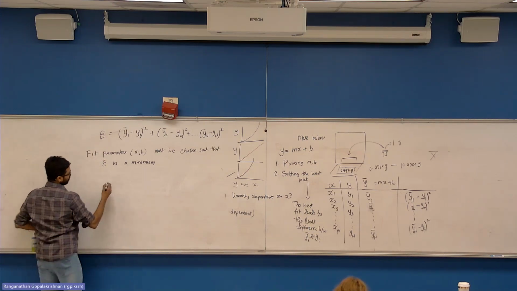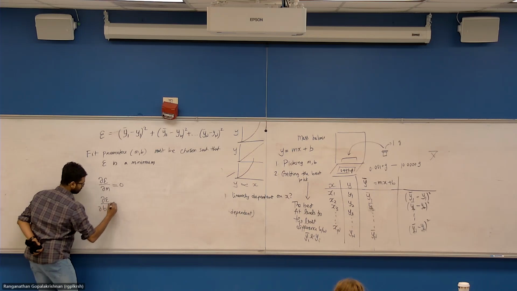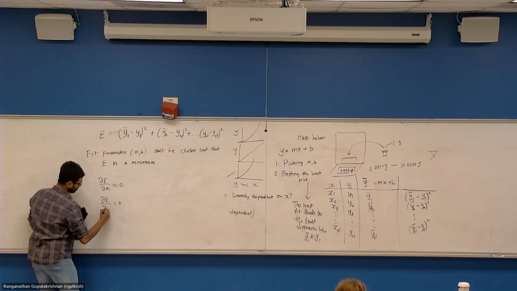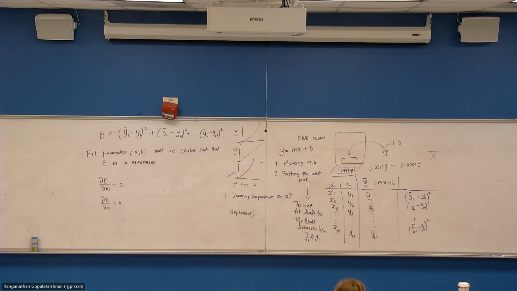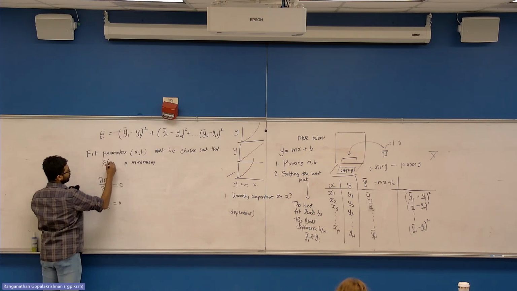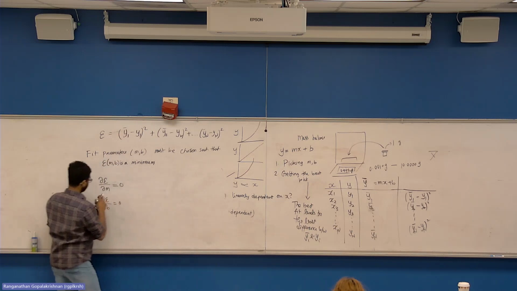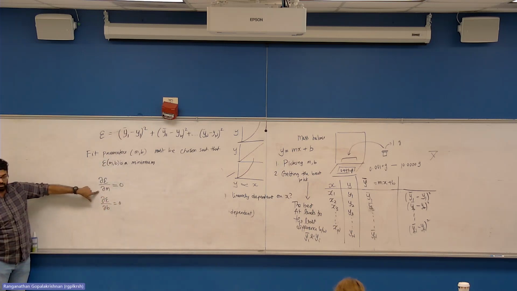If something is a minimum, we know that the derivative with respect to m must be 0 and the derivative with respect to b must also be 0. Right? This is just calculus. If this epsilon depends on two parameters and it reaches a minimum, which means that epsilon, the slope at that point with respect to m and with respect to b must be 0.